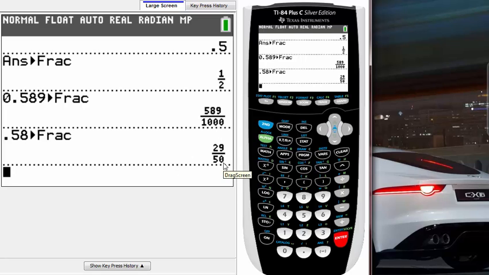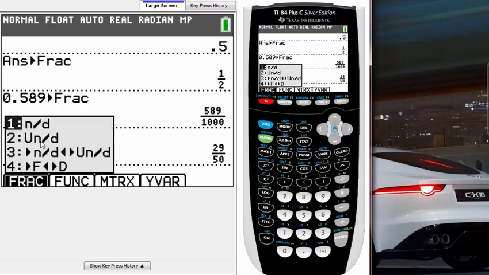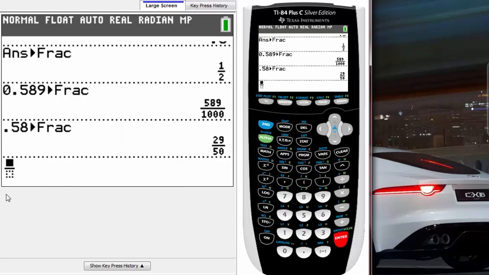Okay, now how about we change fractions into decimals? From the previous video, we found out how to type fractions, right? If you hit alpha and y equals, you'll be able to access this tab here. If you hit the first one, you will see fraction.